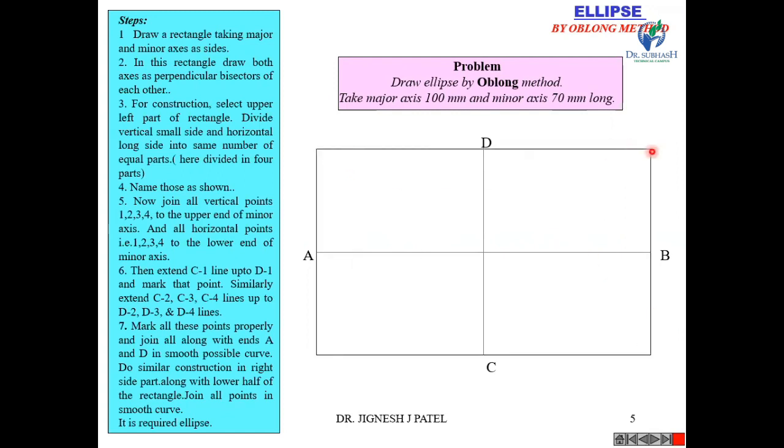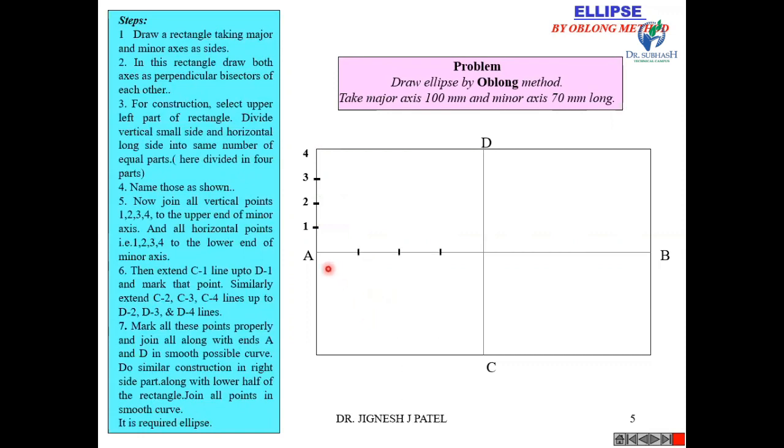Now we have completed this rectangle. The length of this rectangle is 100 mm and the height is 70 mm. Now from A upward, mark points at nearly equal distances, 1, 2, 3, 4.